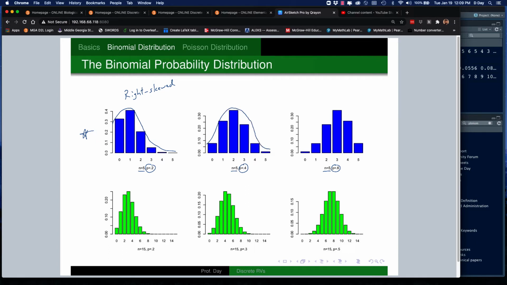It's got less of a longer tail on the left, but it's still slightly skewed, though I would call this approximately normal. And the one with 0.6 as its probability of success is skewed the other direction. It's got more of a tail on the left hand side, so we call this left skewed.